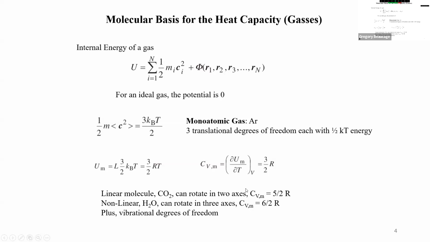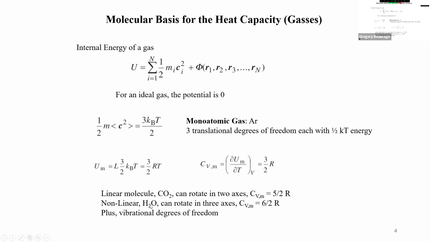If you take the derivative of energy with respect to temperature, you get 3/2 R for CV for a monatomic gas. For every additional kind of motion you add, you get another R. A linear molecule that can rotate has one more, so it's 5/2 R for CV.